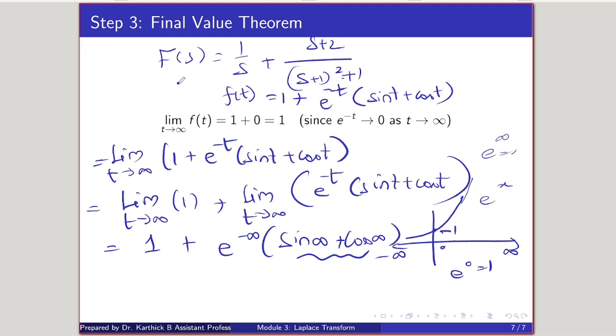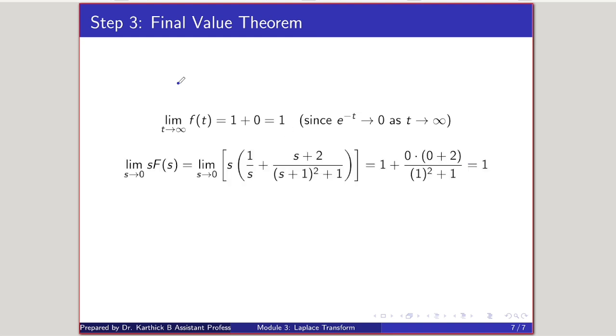So e power infinity will be infinity. If I approach less than 0, while approaching minus infinity, it comes closer to the x-axis and reaches 0. So e power minus infinity will be 0. Therefore 1 plus 0 into (sin infinity plus cos infinity). We know that 0 into any value gives 0. So finally I am getting the value 1.